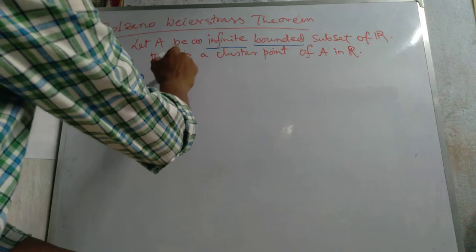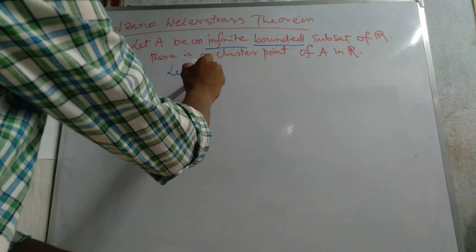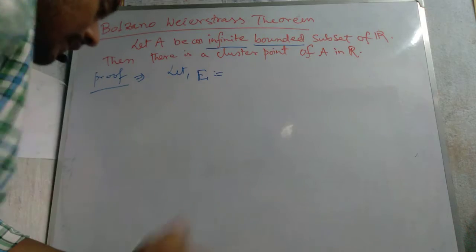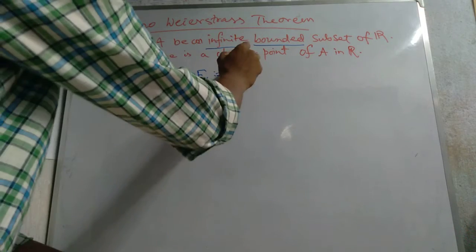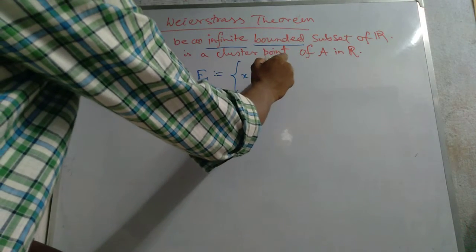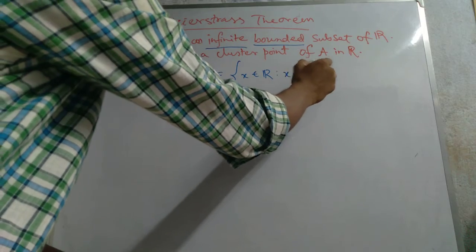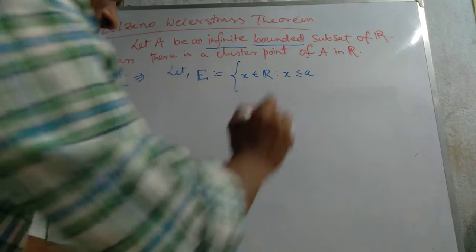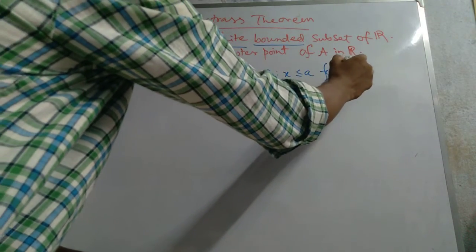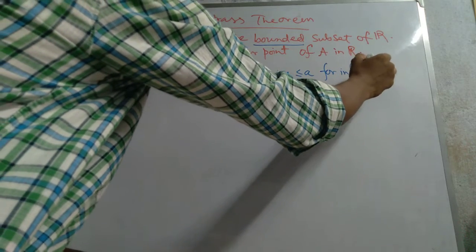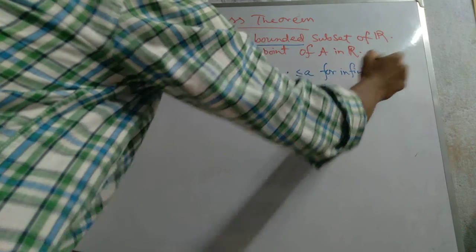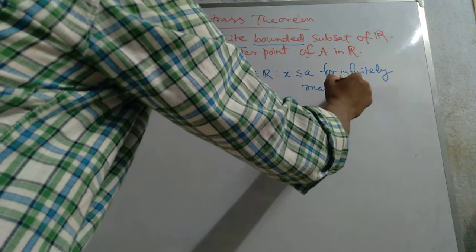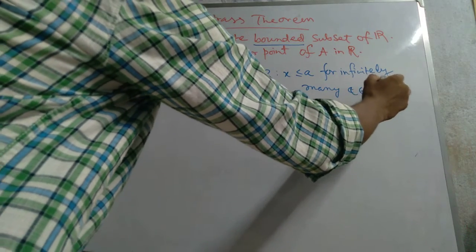We prove it. Let first E equal {x belongs to R such that x less than or equal to a for infinitely many a belongs to A}.